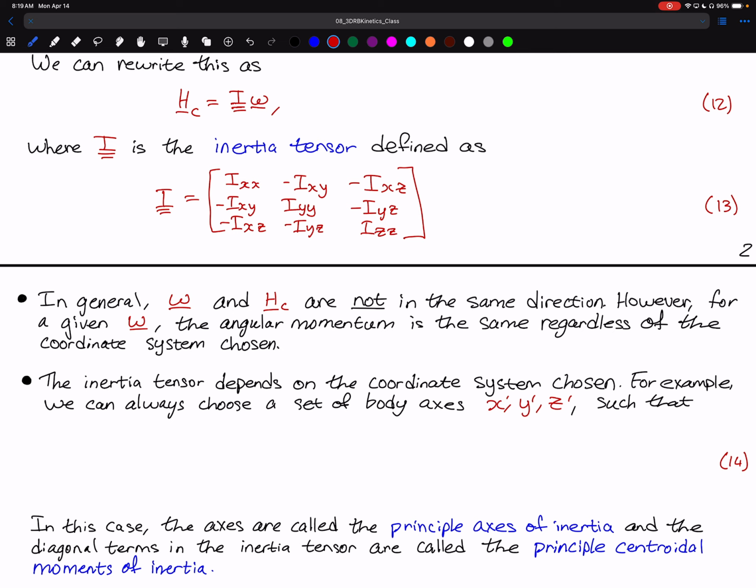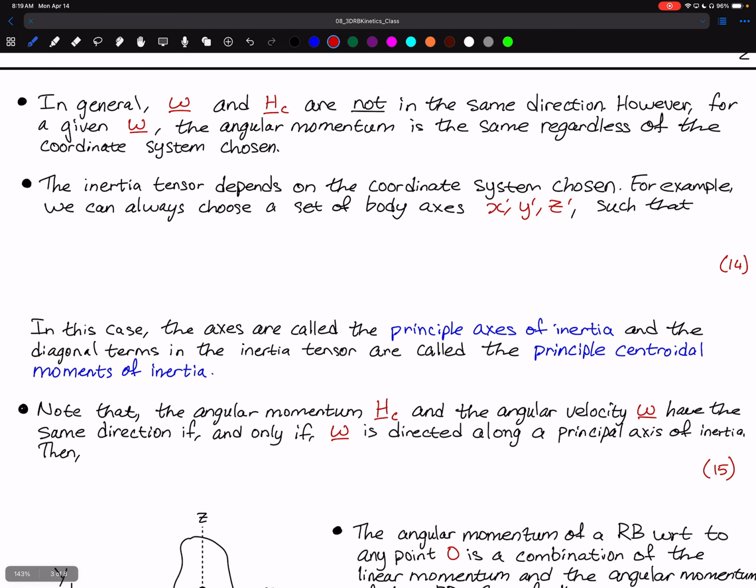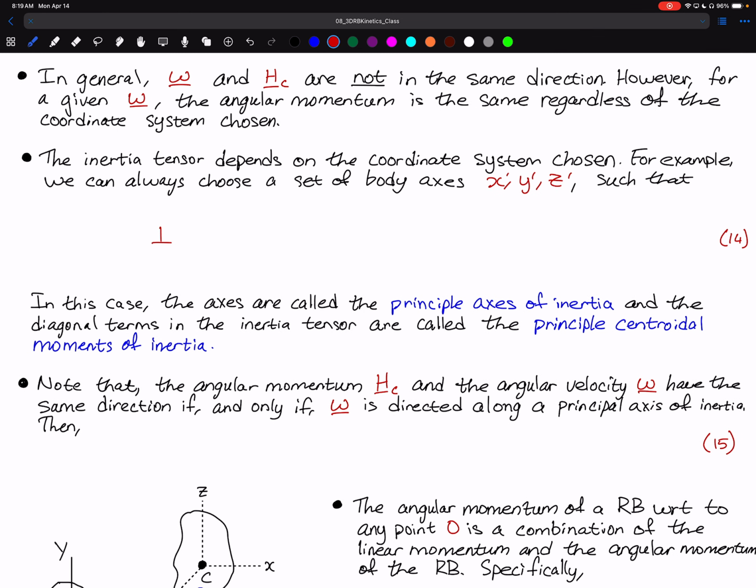And as a result, we can always choose a special set of body axes, x prime, y prime, and z prime, such that our inertia tensor becomes diagonal, or I double underline is equal to I sub x prime, 0, 0, 0, I sub y prime, 0, 0, 0, and then I sub z prime.